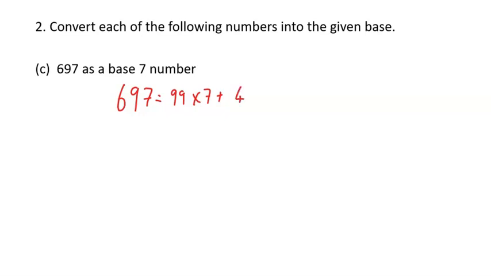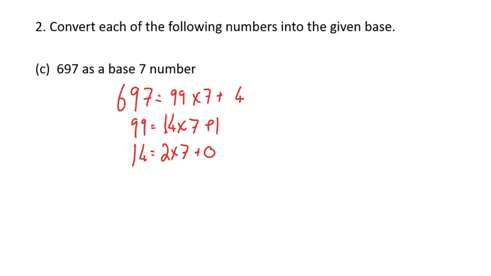Quotient's non-zero, we keep going. So 99 equals something times 7, so in this case it's 14 times 7, plus a remainder of 1. Again, non-zero, we keep going. We have 14, well that's equal to 2 times 7 exactly, plus a remainder of 0. Fine. Remember, it's not the remainder being 0, it's the quotient being 0. That's what we're after, that's the key thing.